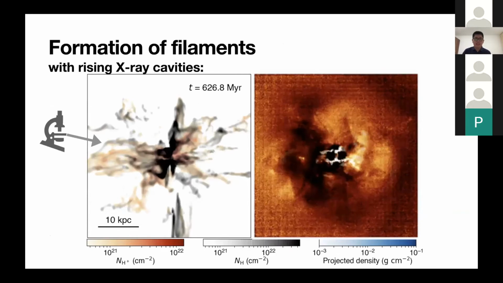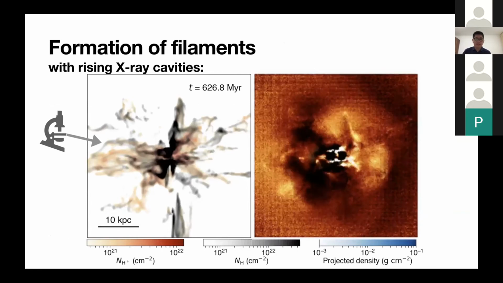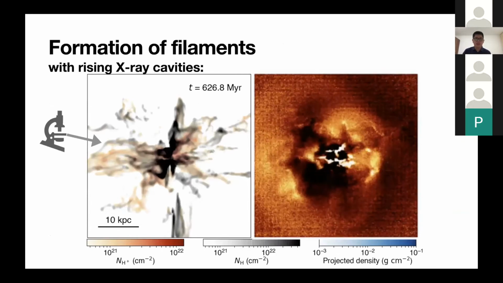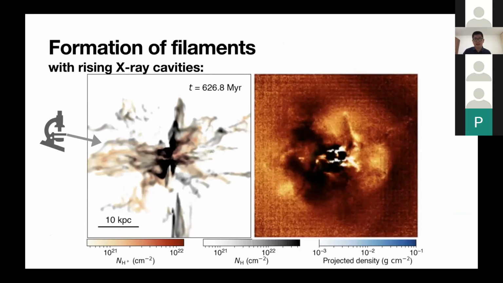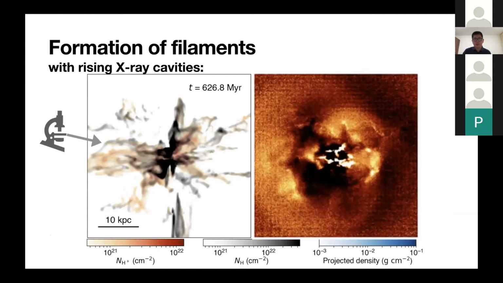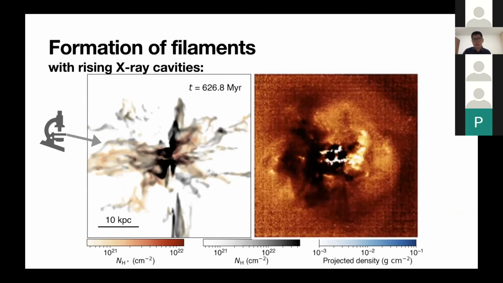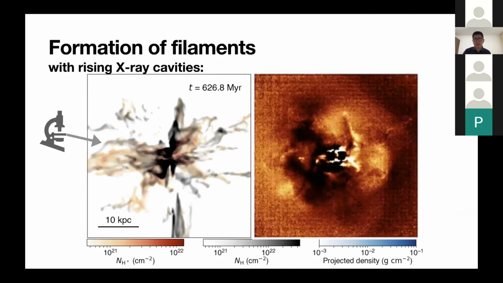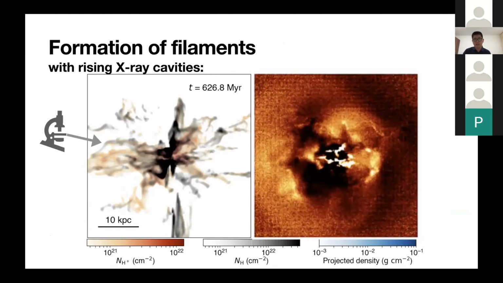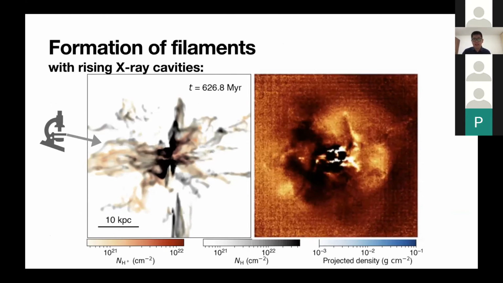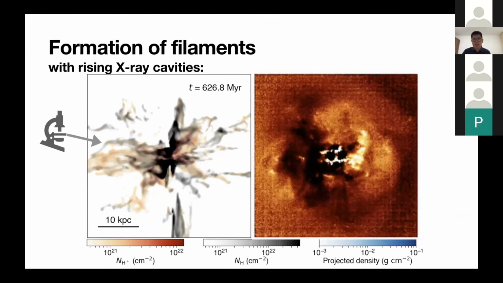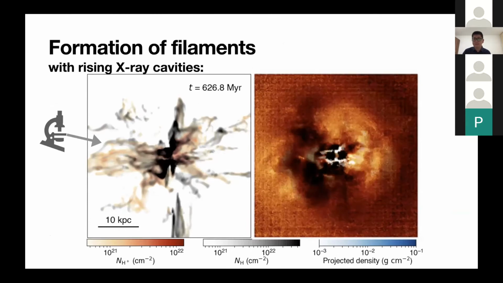The second question I posed earlier is, how do these cold filaments coexist with the hot X-ray gas? In other words, what constraints can we put on our model from X-ray observations? For example, here I'm showing a synthetic X-ray image of the hot gas.